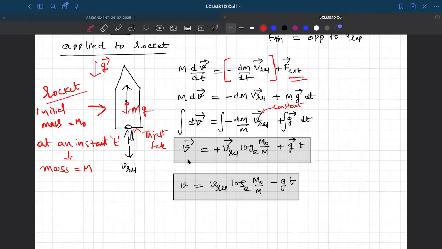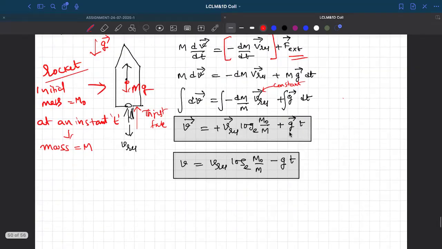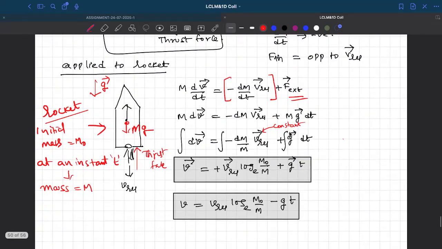So finally, what you get is v bar is equal to v relative ln(m naught by m) plus g bar t. Finally, v bar is this. Sometimes, compared to the mass, we will ignore this term. But this is the formula that you need to apply in case of a rocket. Okay? Any doubts on this?